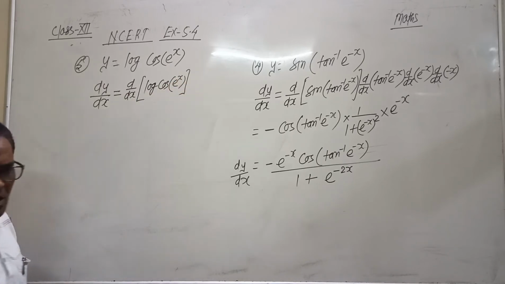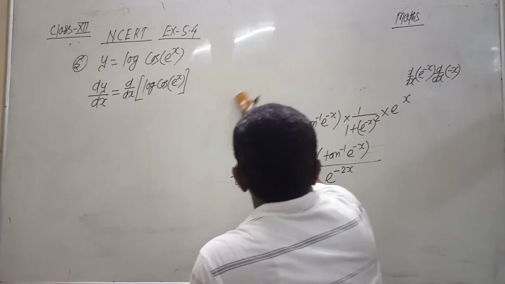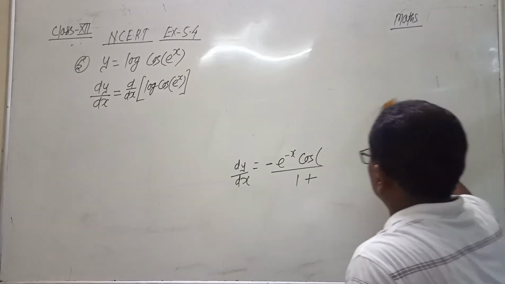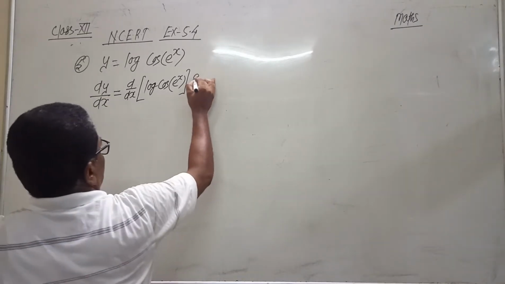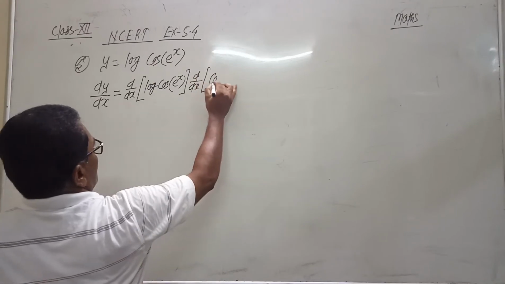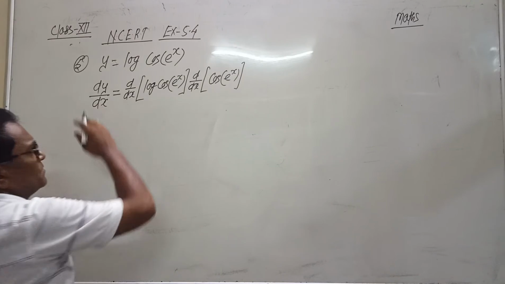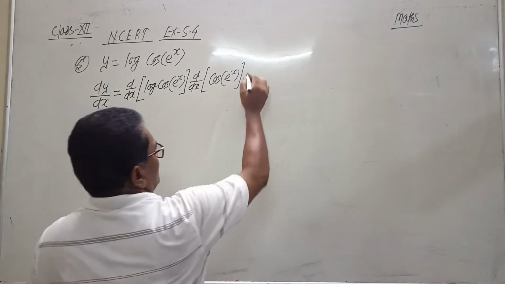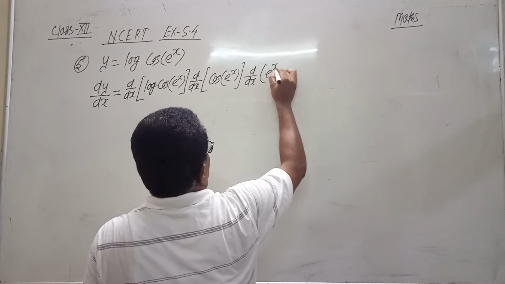Then we have to drop log. So firstly we will drop log, so d by dx of, it gives cos of e raised to the power x. Now drop cos, so d by dx of e raised to the power x.